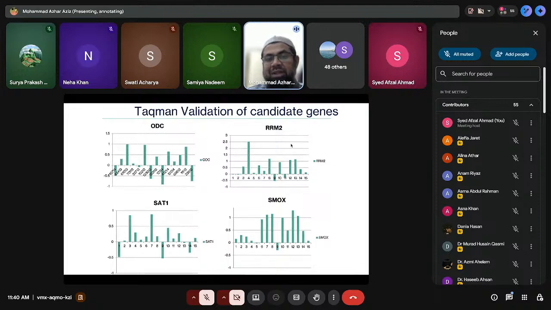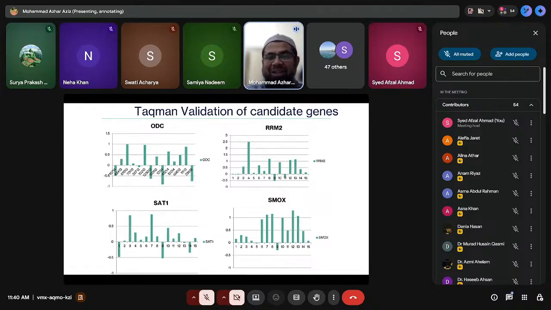Similar was the case with other genes. RRM2 was pretty uniform, most of them having upregulation. Same in the case of SMOX and SAT1. If something is upregulated in all the patients, yes, we can call that a master target. If you remember my previous lectures, there was a quest for master targets. This is what the industry looks for.